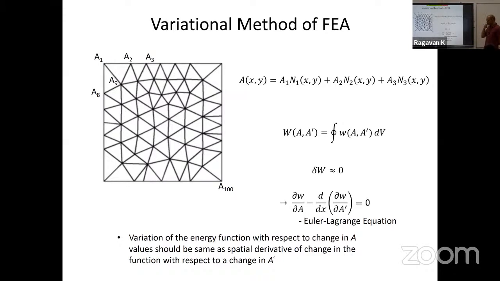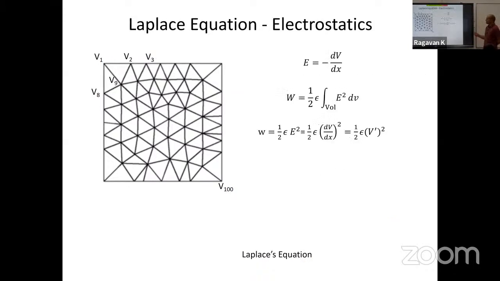So let's look at an example of what we are saying. In electrostatics, we know that the electric field is given by minus dV by dx. We have defined a scalar value that can be used to find the electric field.